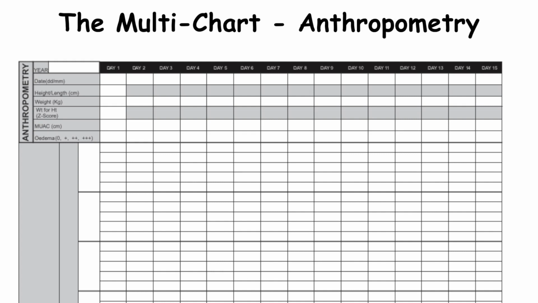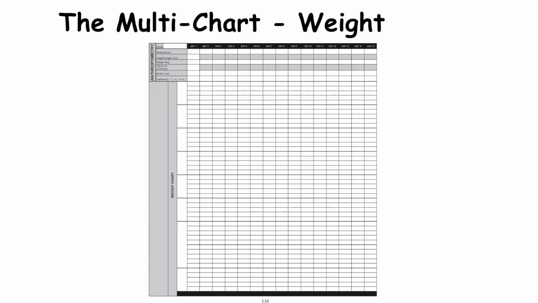This information is correlated with the medical information to ascertain if the patient is responding well to treatment and if any adjustments need to be made. Below the anthropometric section, we have the weight chart, where we are able to plot a graph using consecutive weights showing the changes in weight over time.